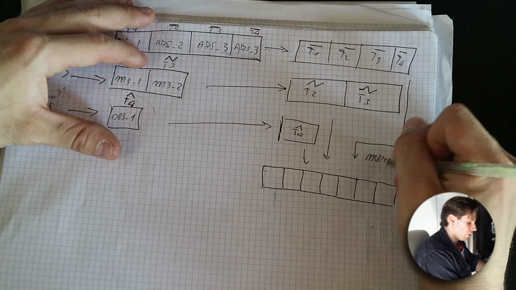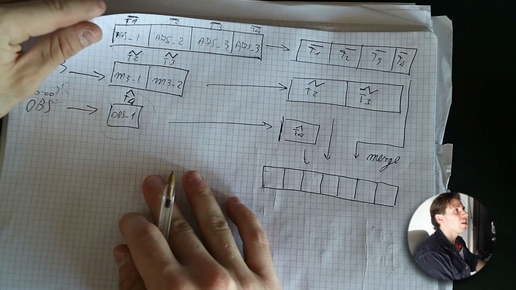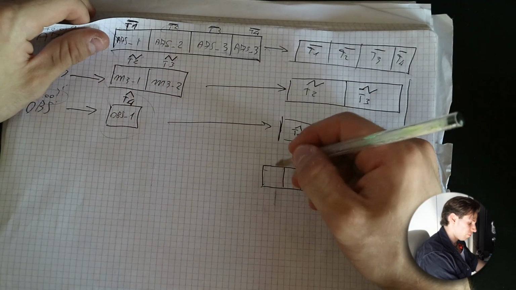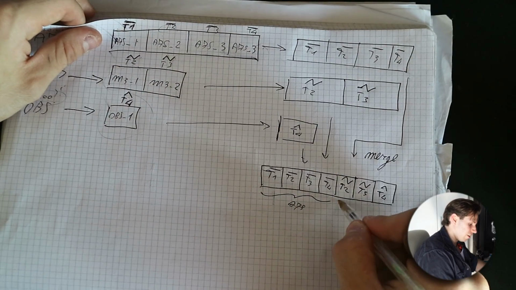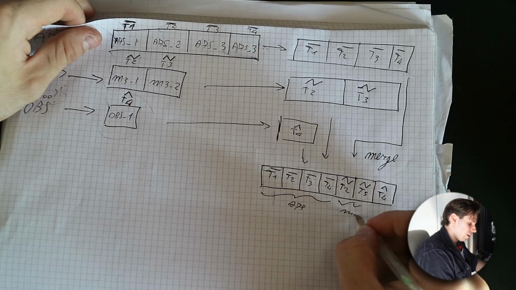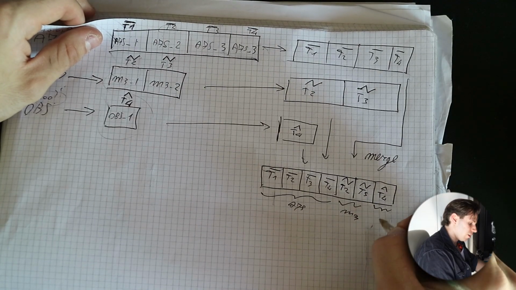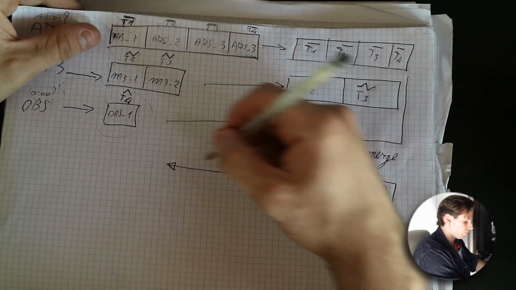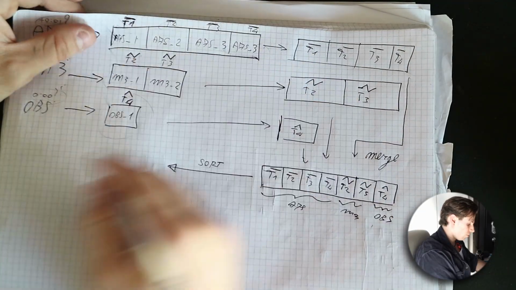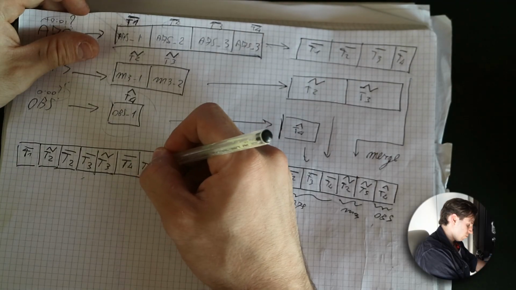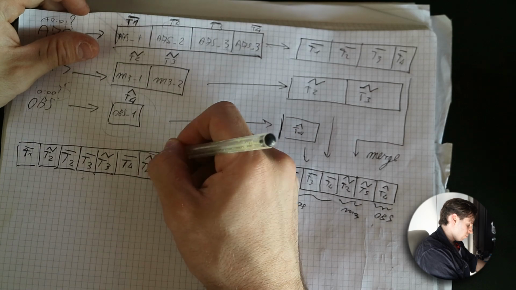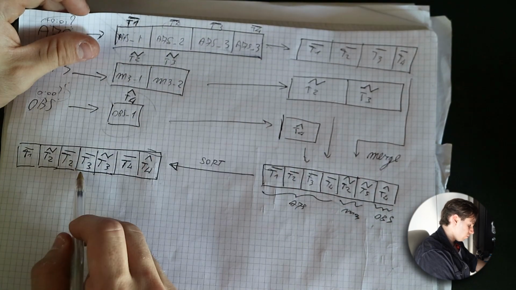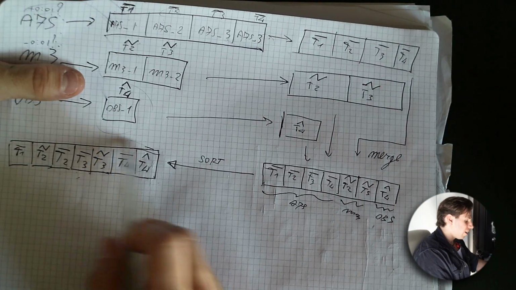I don't know if this operation can be called merge, but I call it merge. So these are the videos of the A7S, these ones of the M3, and this one of OBS. Then I will sort them. And at the end, I may have a list that is maybe something like this.